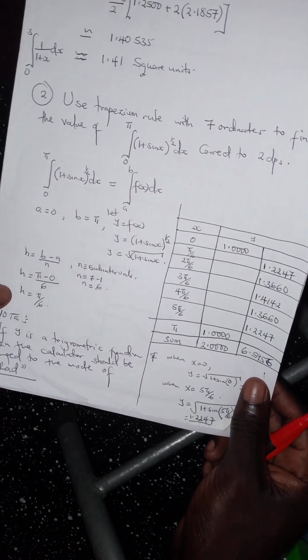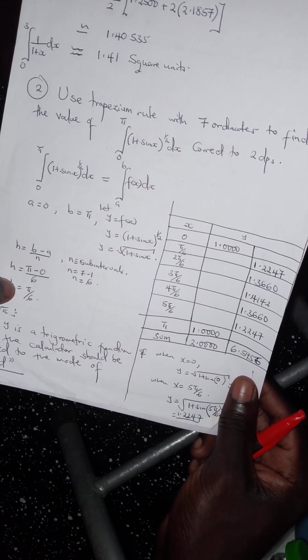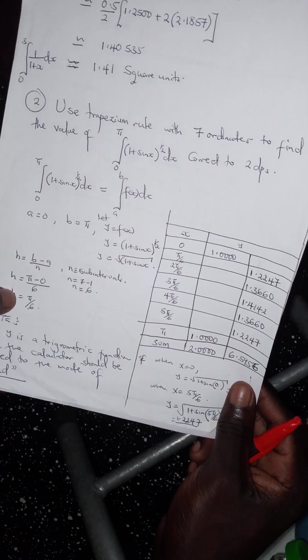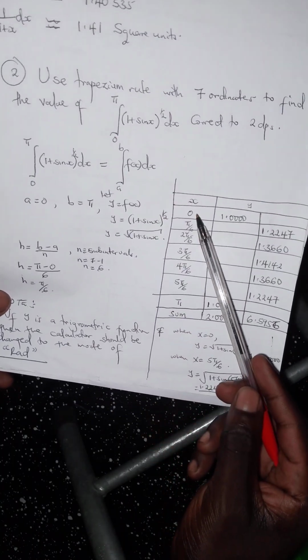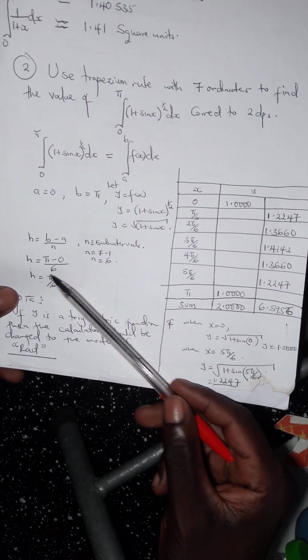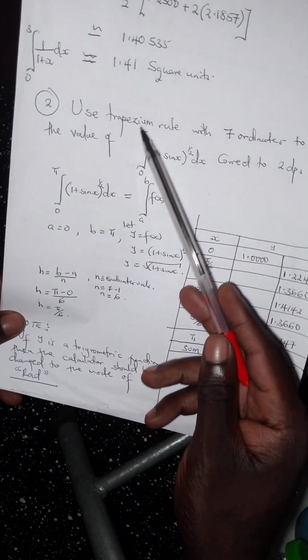So the width that they talk about is the value of h. So when they give you the width, you simply get the first value here, put it here, and keep on adding that width until you get the maximum value.